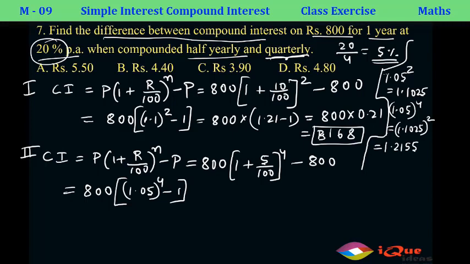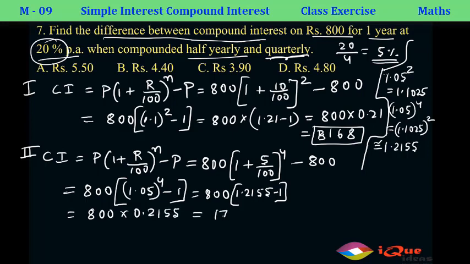So I'm omitting 0.0625. We are taking only 4 digits. So approximately it is 1.2155. Alright. Now, so here we get 800 into 1.2155 minus 1, which is equal to 800 into 0.2155. So if you multiply, you will get 172.4 rupees.